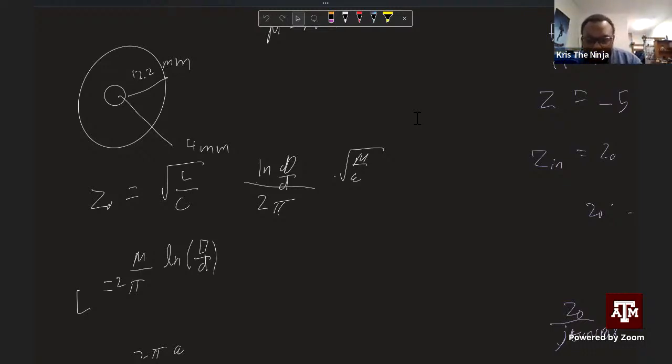Then I multiply that by the value of ln D over D, and that gives me 0.89 microhenries.